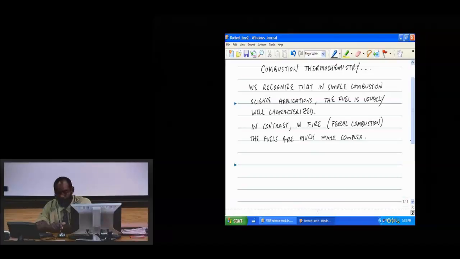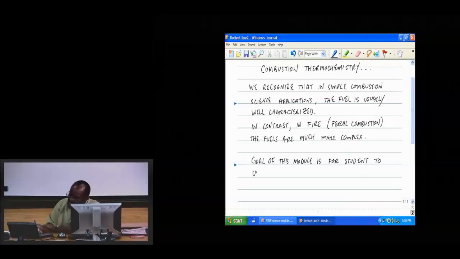So the goal of this module, really, is for the student to understand what the heat release rate is, and have some sense of how to calculate it.